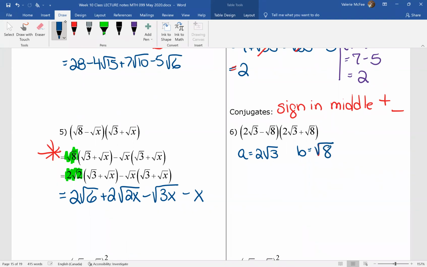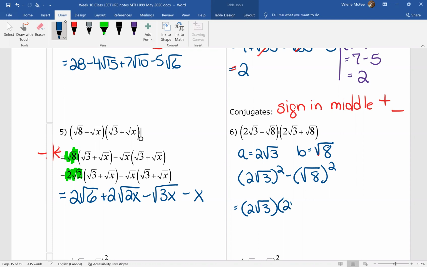Let's find out. So we know that this should be a squared minus b squared. We have 2 root 3 times 2 root 3. Root of 8 times the root of 8.